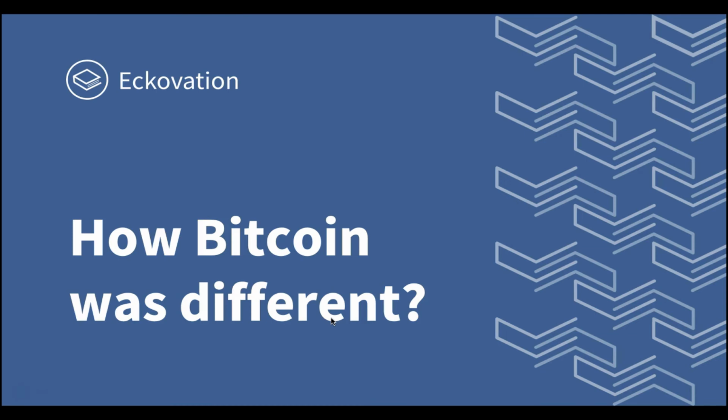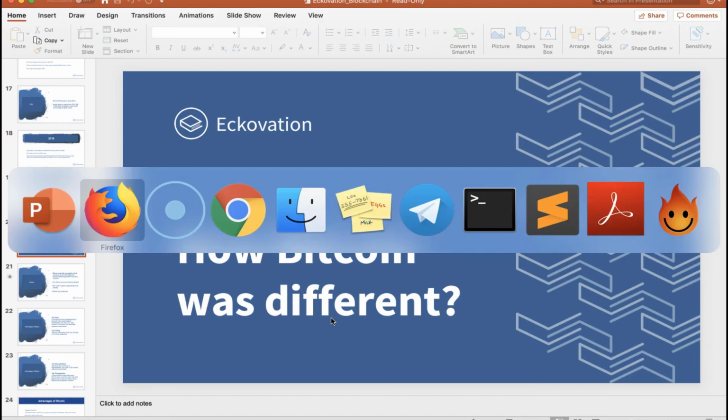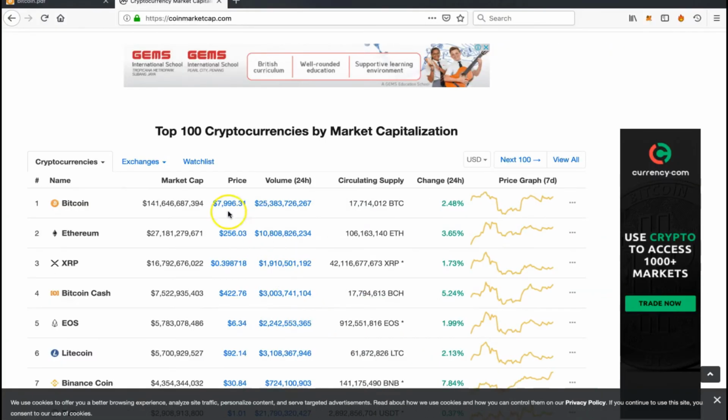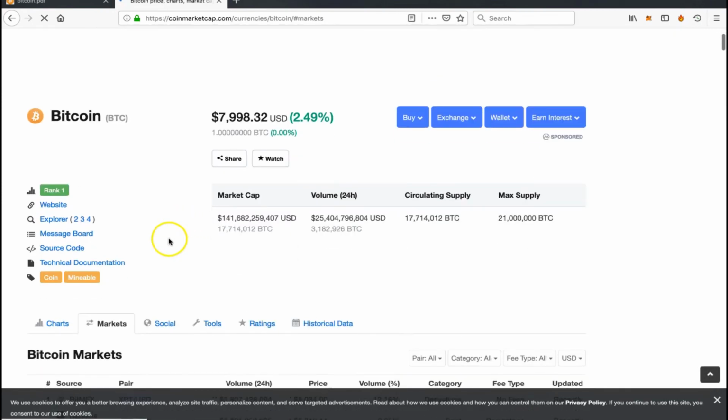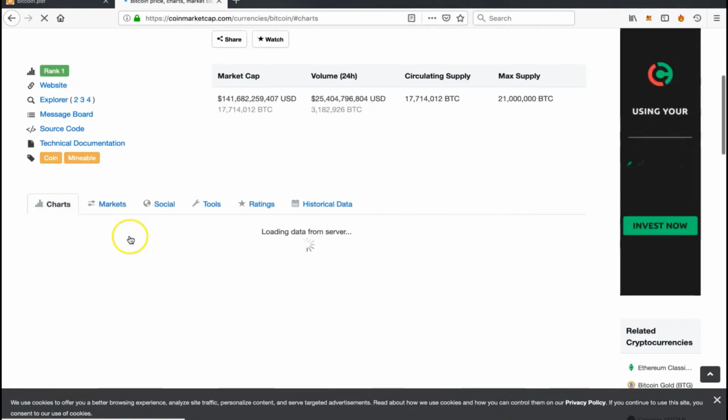The story of 2018 and 2019 you are already aware of. In December, Bitcoin jumped to $19,000. You can also check the price on CoinMarketCap with the help of the graph.